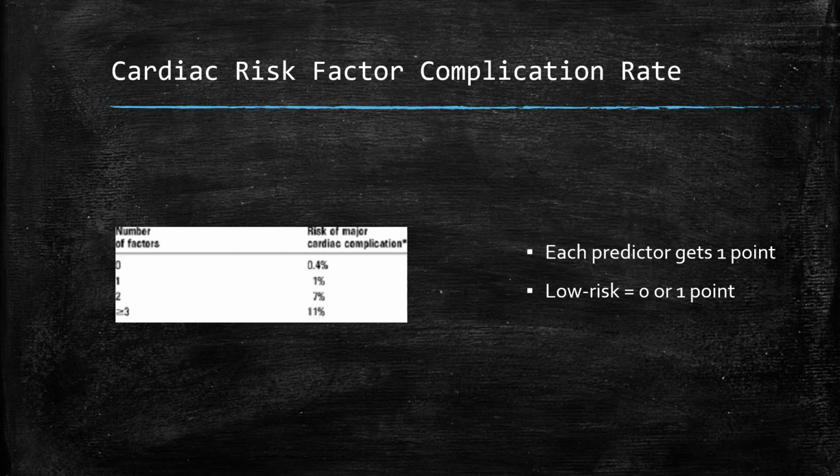The chart shown here allows you to group your patients by risk factors. And so if you have 0 or 1 risk factor, the risk of a major cardiac complication is 1% or less. You can see as you get to 2 risk factors, however, the risk jumps up to 7%, and for 3 or more, the risk is 11%.